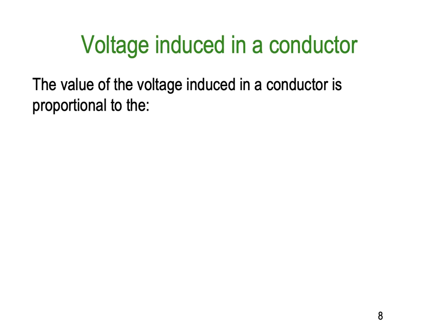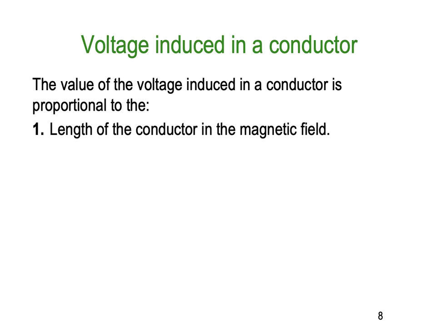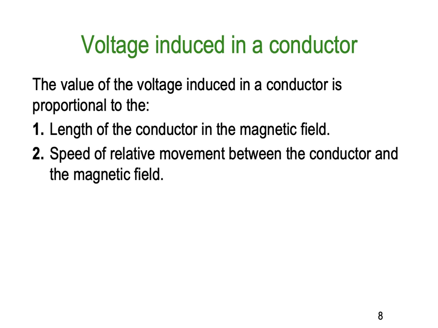Voltage induced in a conductor. The value of the voltage induced in a conductor is proportional to, and proportional to means it gets bigger as the relevant thing gets bigger: 1. The length of the conductor in the magnetic field. The more conductor you have in the magnetic field, the higher the induced voltage and therefore the induced current will be. 2.